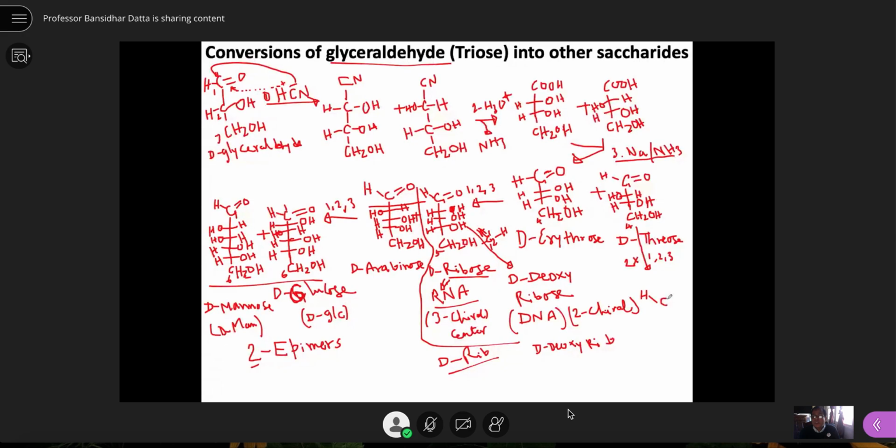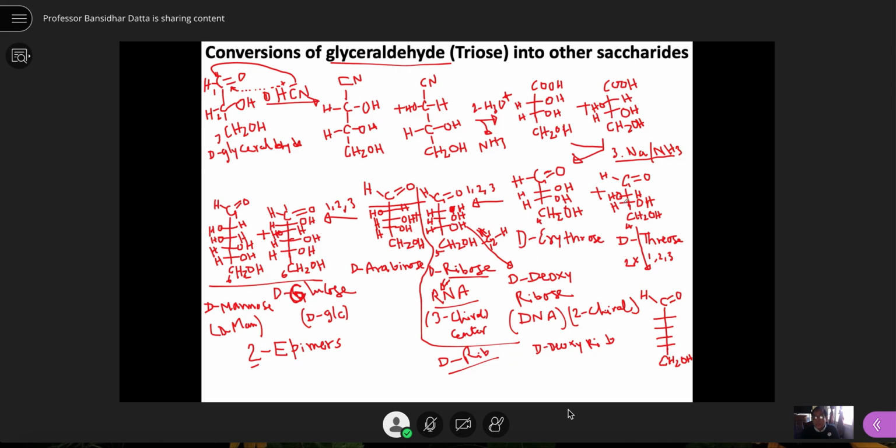There are plenty of stereoisomers. Please write it down right here. Carbon number 1, 2, 3, 4, 5, and 6, because we did it 2 times. So carbon number 6 is CH2OH. It remains the same.